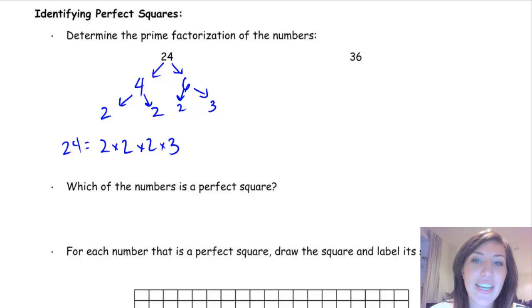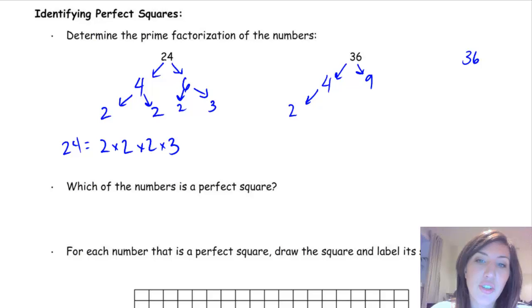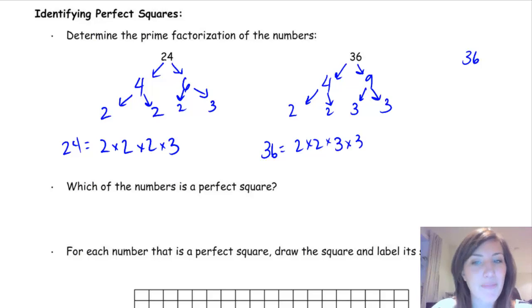Okay, let's try 36. 36 we can go a couple different ways, so I'm going to write it again over here. The first way, we'll say 4 and 9. 4 times 9 equals 36. 4 can be broken down to 2 and 2. 9 can be broken down to the prime numbers of 3 and 3. So 36 equals 2 times 2 times 3 times 3.